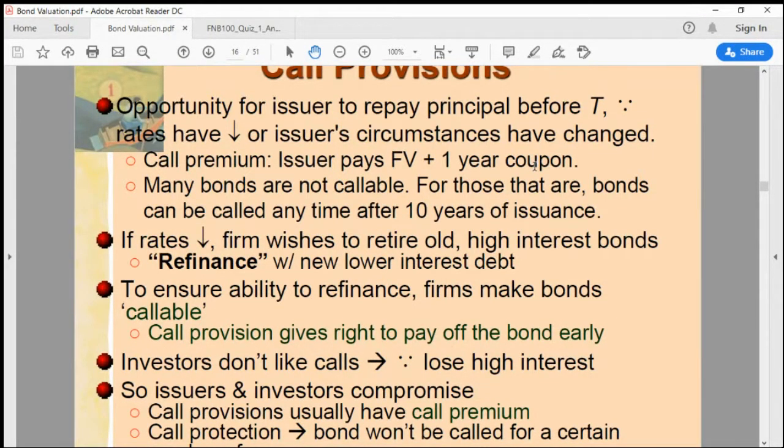Primary market is when any security is first born and sold. After that, the trading happens only between the investors, not between the company and the investors. That's called the secondary market, right?